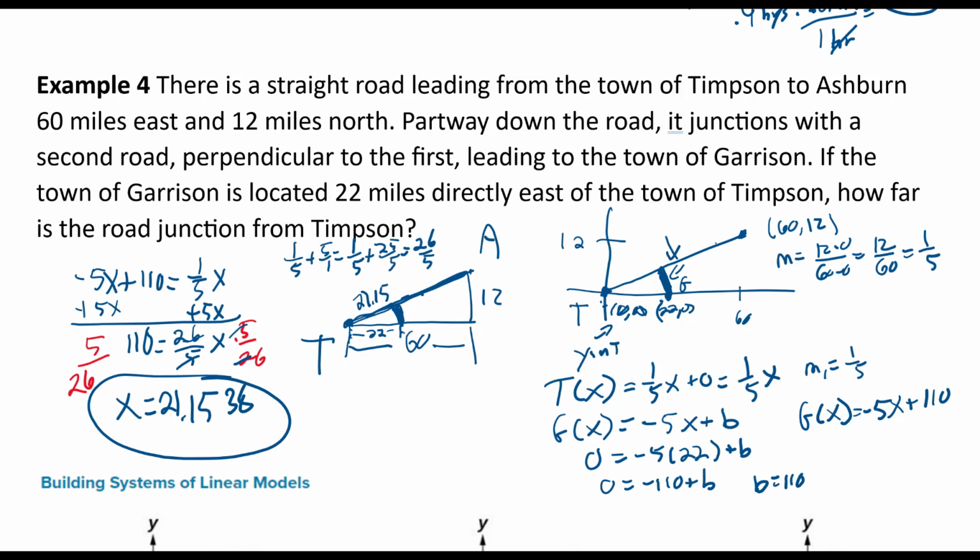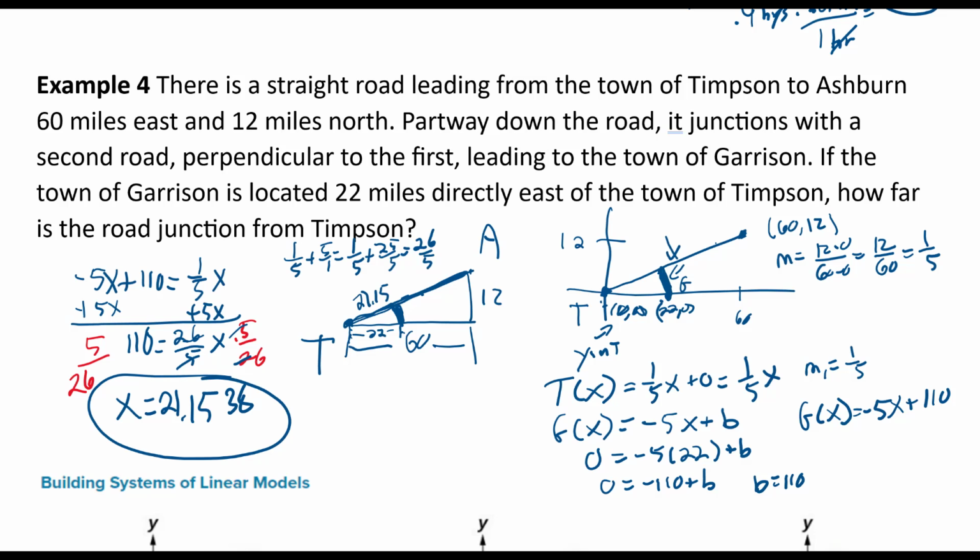Sorry, already hard enough. So what I did was come up with the equation of the line from Timpson to Ashburn, and that's just the 1/5 x. Then since this is perpendicular, negative reciprocal gives us the slope of the perpendicular line, and then I'm able to use the point we know, 0, 22, to get the value b, to come up with the equation of that line, which is negative 5x plus 110.